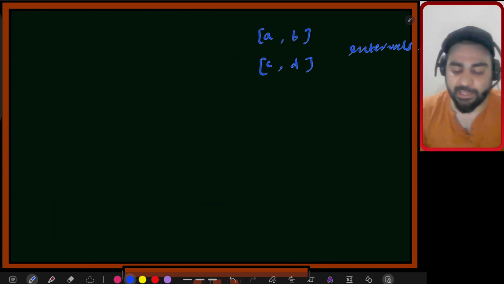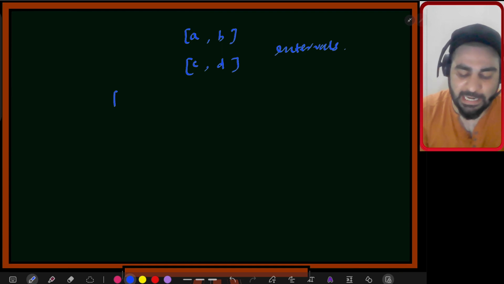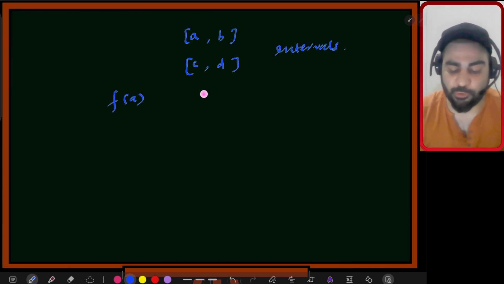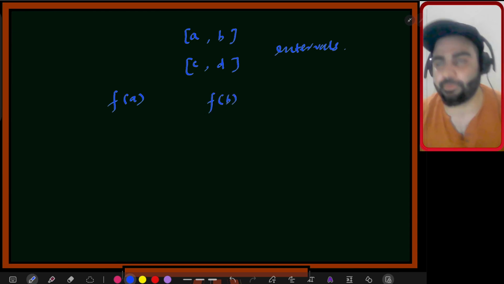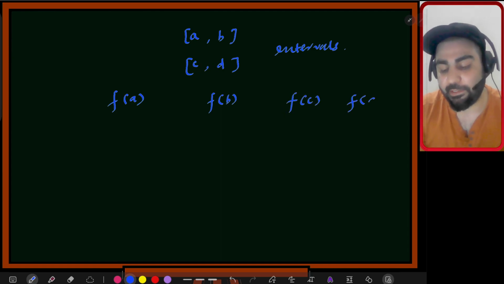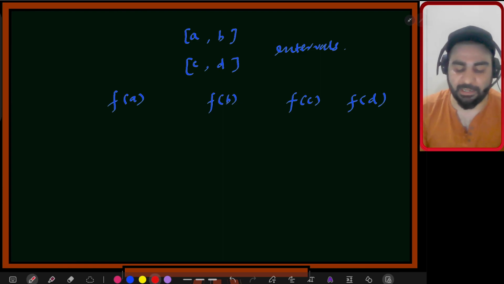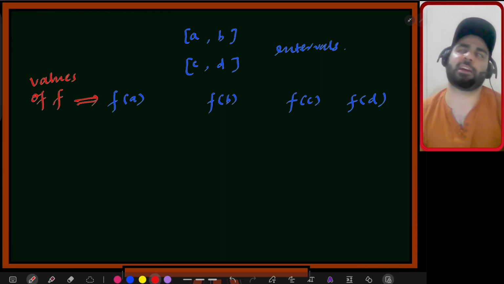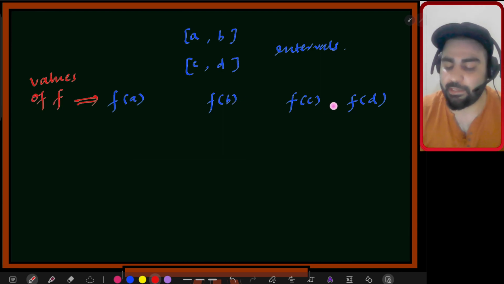Okay. Now what I will do is, if I compute the value at a, I'll write f of a. If I have to compute the value at b, I'll write f of b. Okay. If I have to calculate the value at c and d, I'll accordingly write f of c or f of d. So these are nothing but giving me values. They are values of the function which I call f at a, b, c and d.